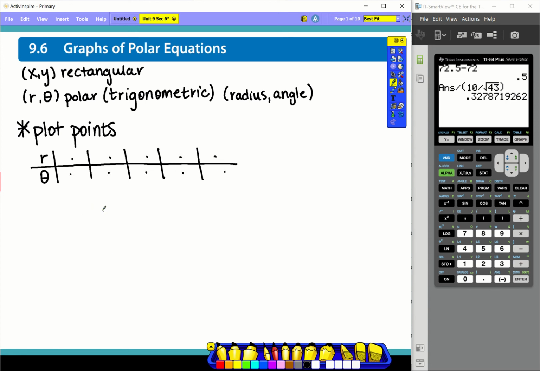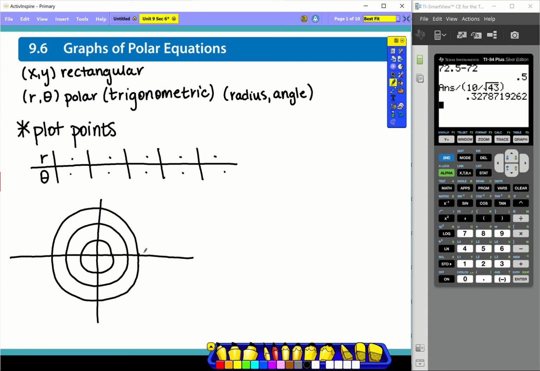And then when you go to graph them, remember that this graph is circular. So we would graph it on this, where these correspond to r. That's your r. And these angles are your theta.